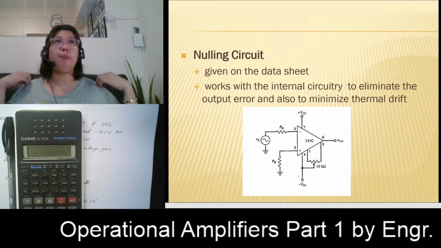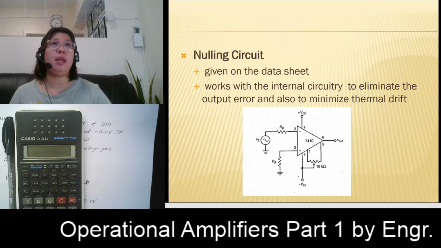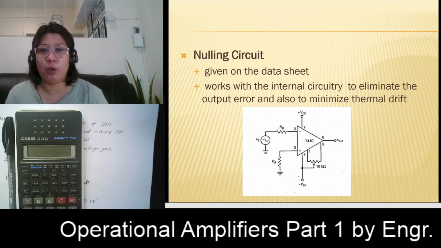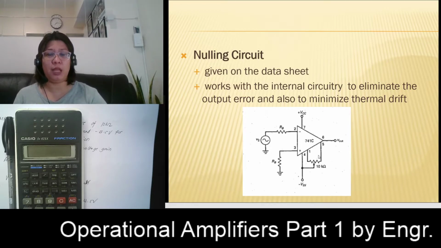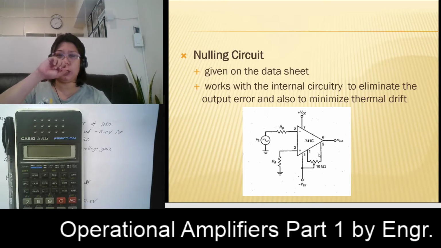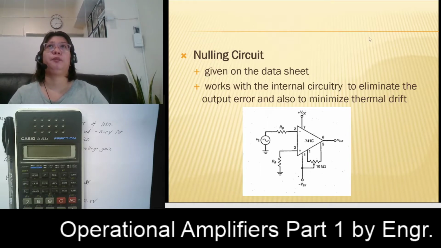Usually in pins 1 and 5, we place a potentiometer. This is our symbol for a potentiometer, wherein we can adjust the value so that we can eliminate your offset voltages and currents. That is the function of your pins 1 and 5.